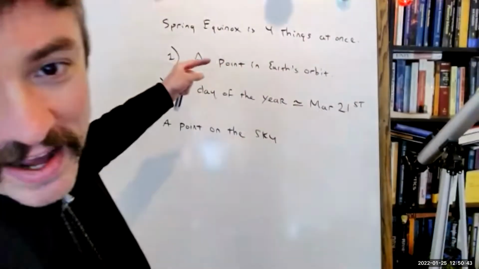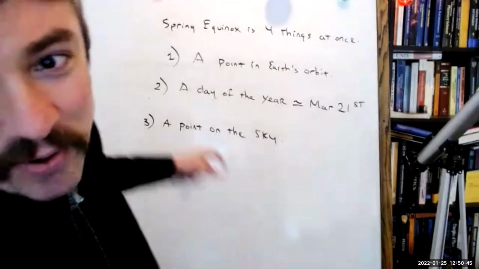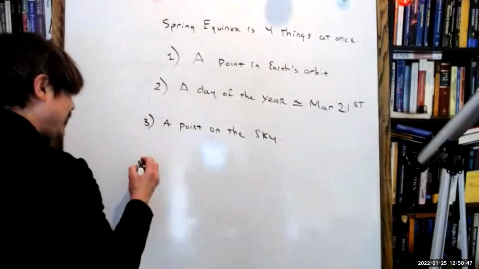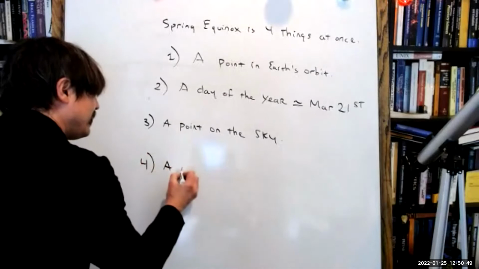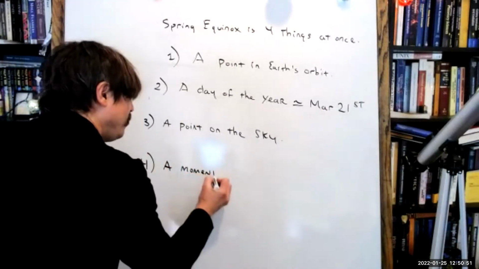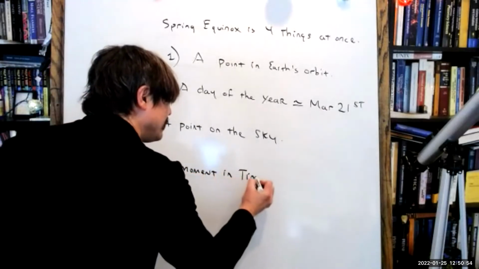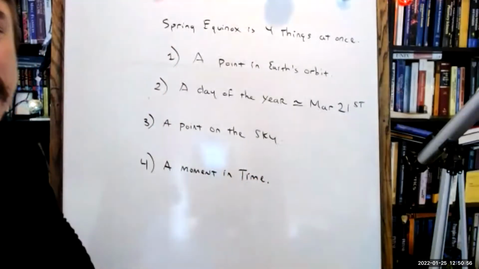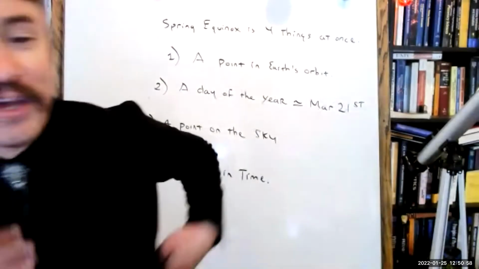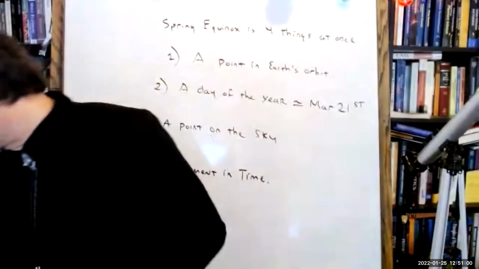Okay, so if that wasn't enough, not only is the spring equinox a point in Earth's orbit, a day of the year, and a point in the sky, but it is also a moment in time. This is because during the course of a single day, Earth never stops drifting in its orbit.